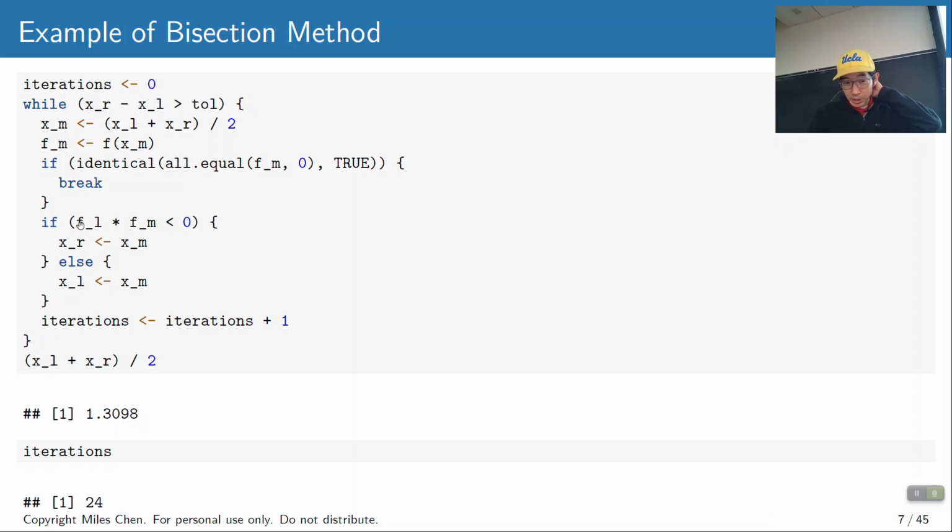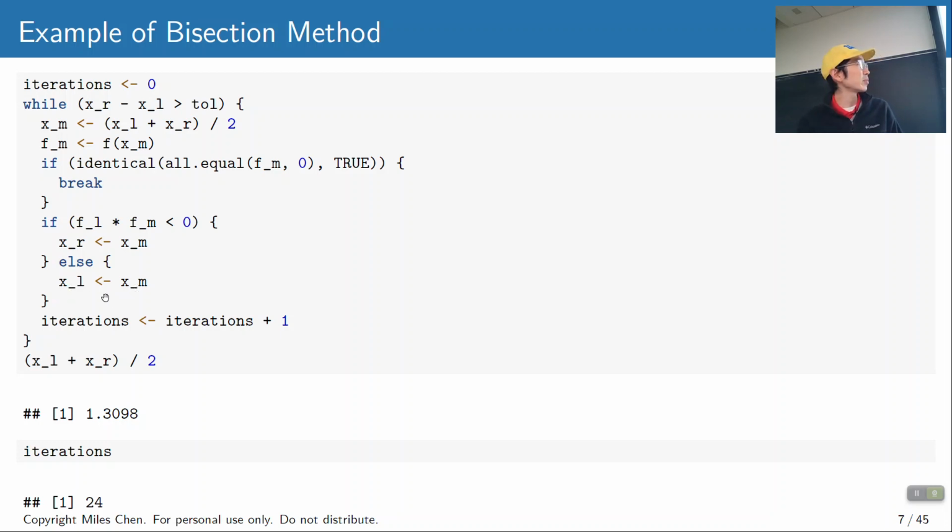Okay, now we do the check. If the product of the left side and the midpoint is less than 0, that means the root lies between the left side and the midpoint, and then we will take the midpoint and make that the new right side of the interval. Okay. Otherwise, that means the root lies in between the midpoint and the right side, and the midpoint will become our new left side.